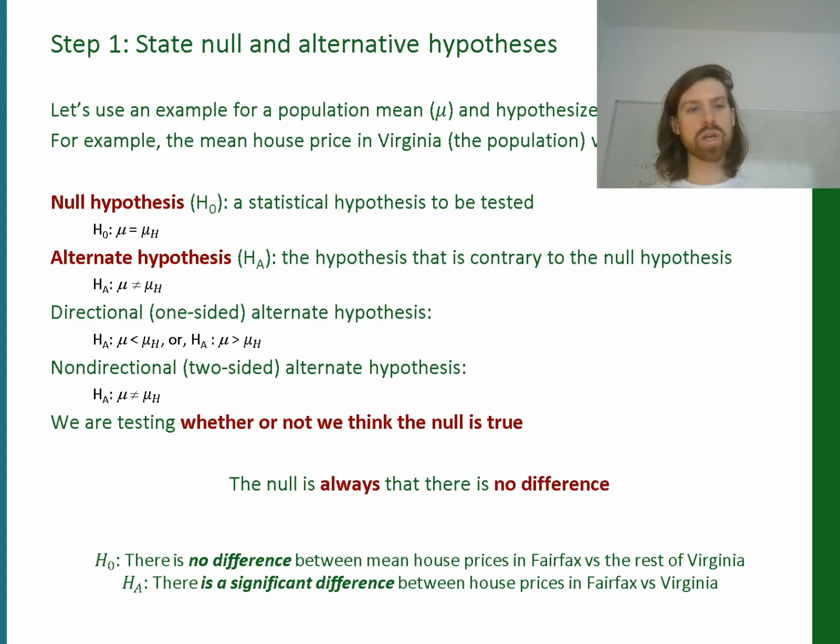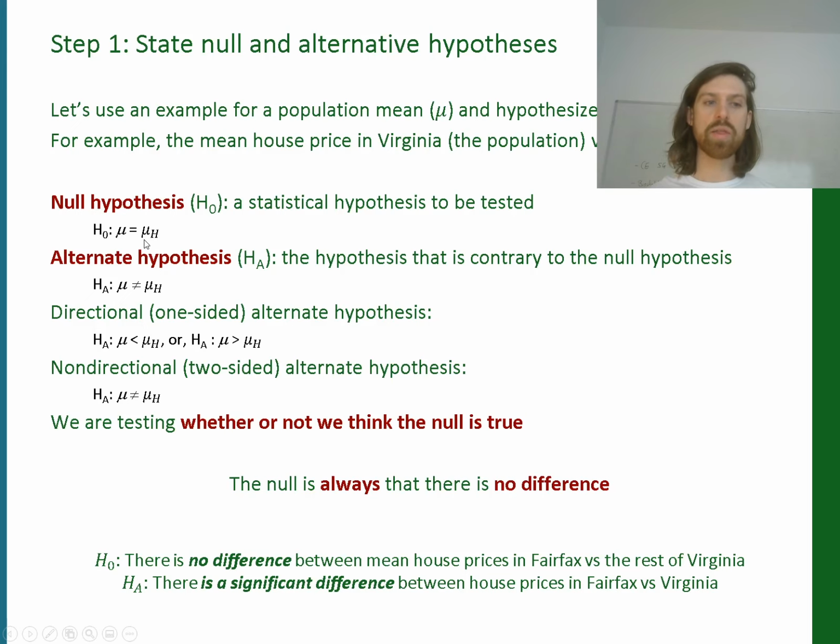But if you look in the book, for example, or any other key statistical textbook, your null hypothesis is a statistical hypothesis to be tested. The null hypothesis, denoted by H0, says that the population mean, mu here, is equal to the hypothesized mean for the population, which is mu h.